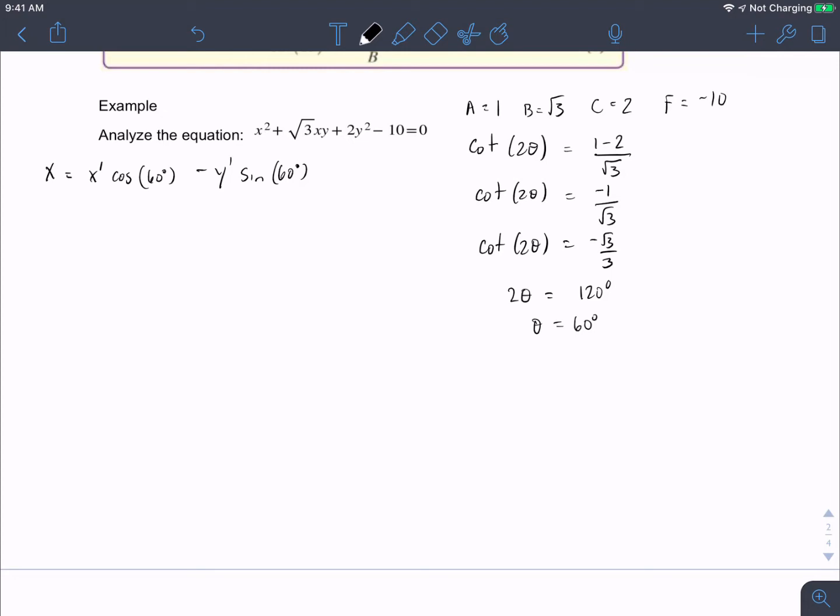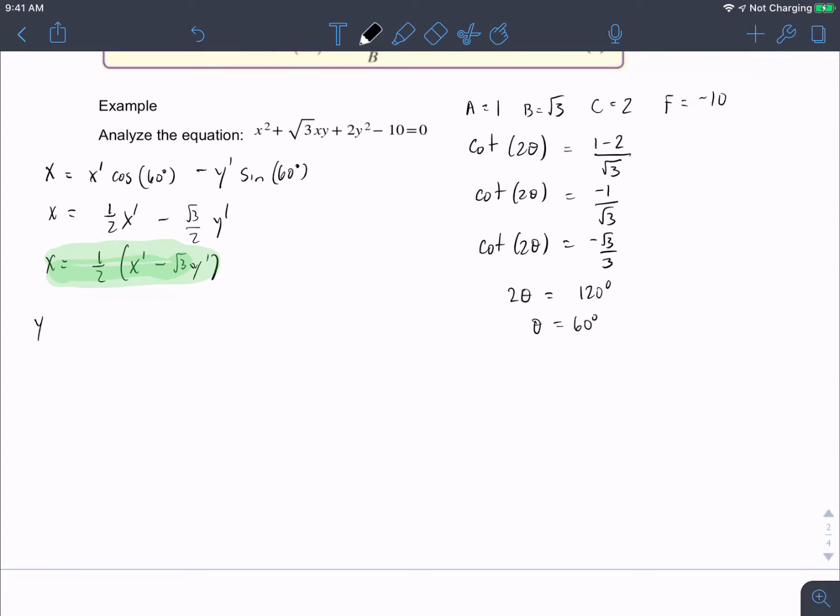And so that's going to give me x is equal to 1/2 x prime minus radical 3 over 2 y prime. And I can clean that up, and I think I'm going to this time, as x prime minus radical 3 y prime, all over 2. We have to remember that, so we should kind of highlight that and remember that.